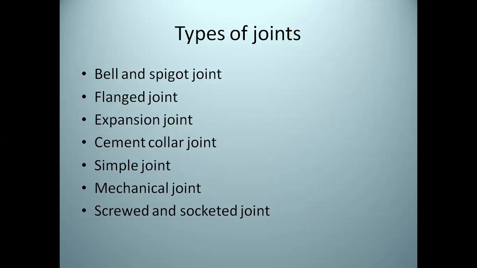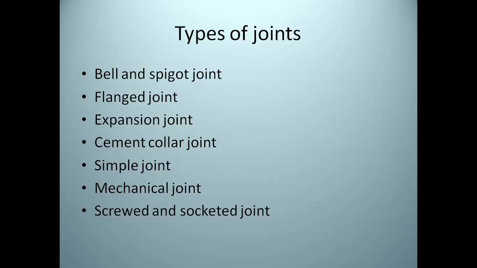Now, see what the types of joints are. Before that, first see what a joint is. The meaning of a joint in a pipe is the connection at the ends of pipes that ensures tight sealing and strength.